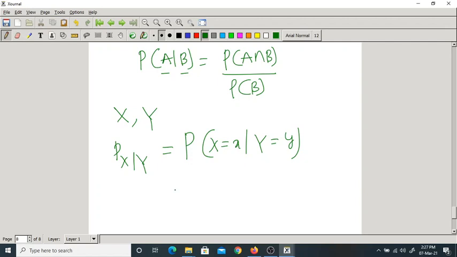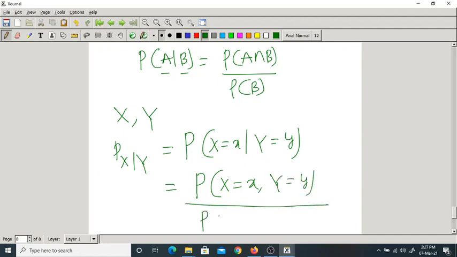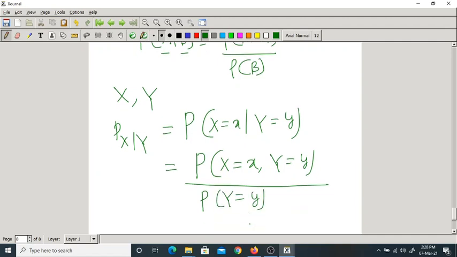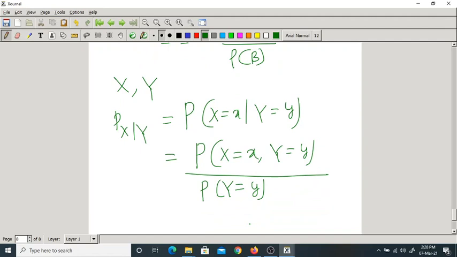That's it. So probability of x equal to x and y equal to y by probability of y equal to y. So did I change anything? No. Only there is a difference of notations, nothing more than that. You assume this is A, this is B. Problem solved.